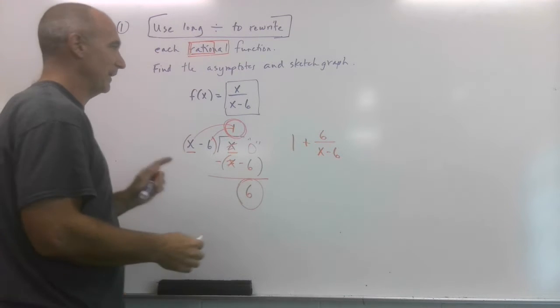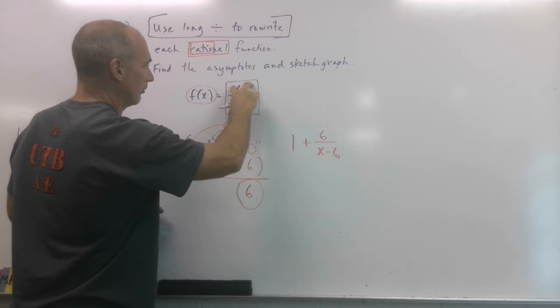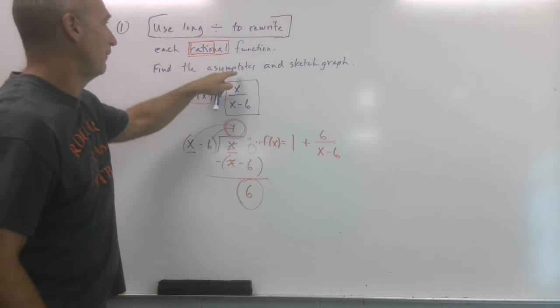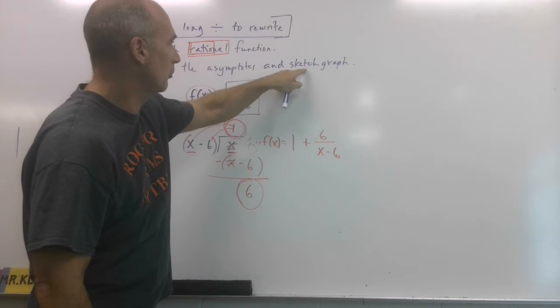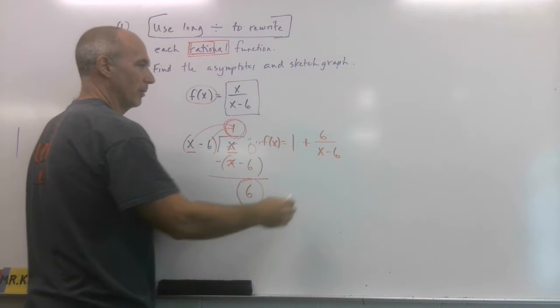Now we've got to get a little fancy here, because remember, this equals f of x. We're just changing the way this looks. So if this is f of x, I'm going to find the asymptotes and sketch the graph. I need to know exactly how this is going to play out, so I'm going to rearrange this.